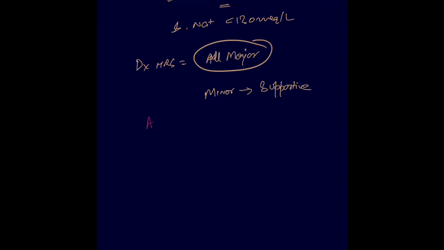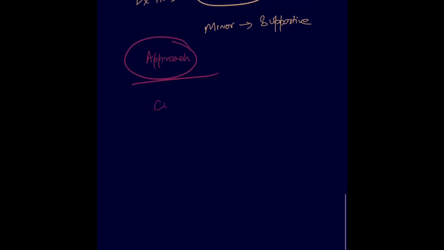So, approach. There comes a patient to you with chronic liver disease with renal failure. There is a patient who came to you who is having an underlying chronic liver disease with renal failure.